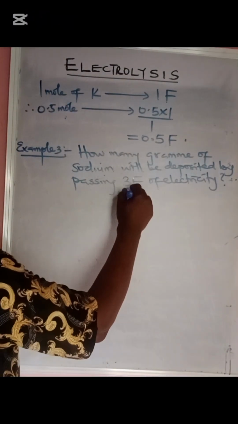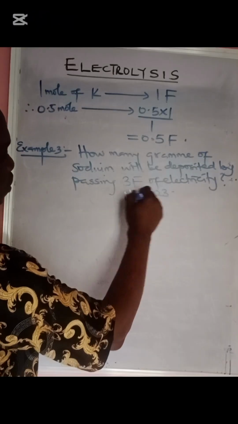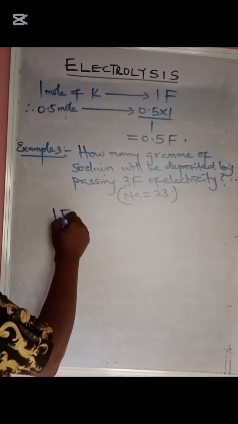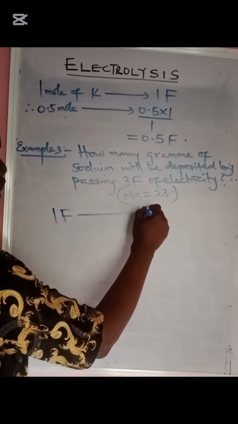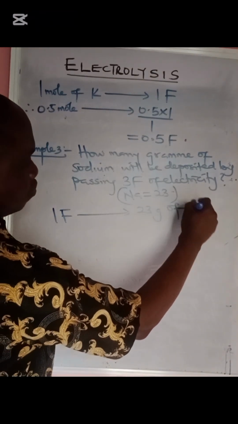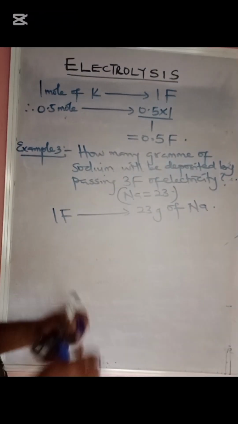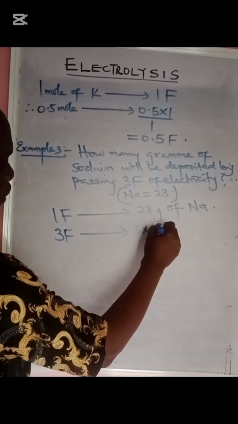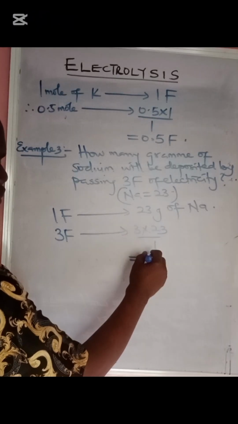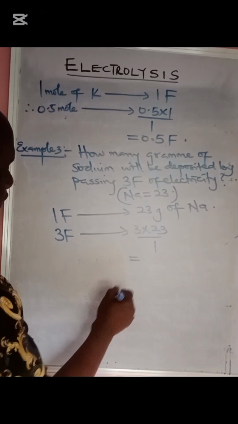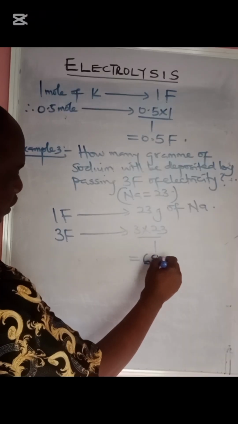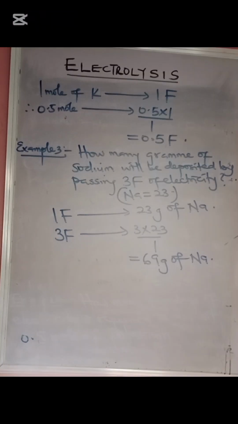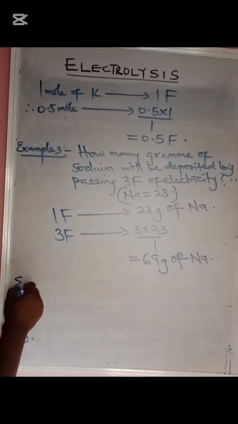Take sodium to be 23 grams. From our equation, remember 1 Faraday is required to deposit 23 grams of sodium. That is what you know. Then if you now pass 3 Faraday, it will be 3 times 23 all over 1, so 69 gram of sodium will be deposited. Please take note of that.